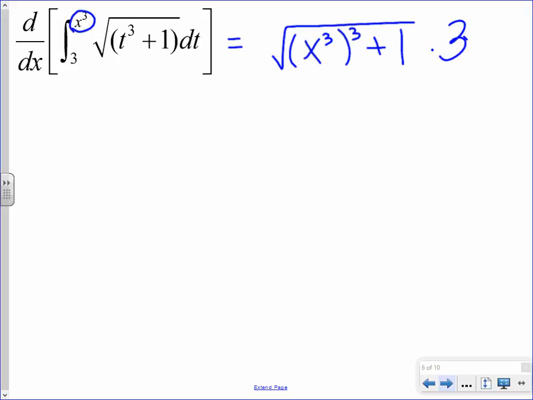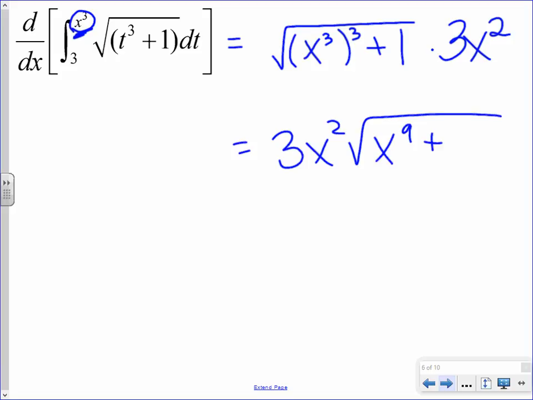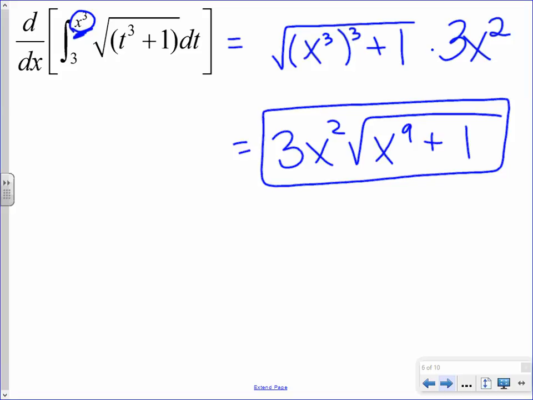So we have to consider the chain rule. So we multiply by the derivative of what's inside. So we have 3x squared radical x to the 9th plus 1. And that's our derivative.